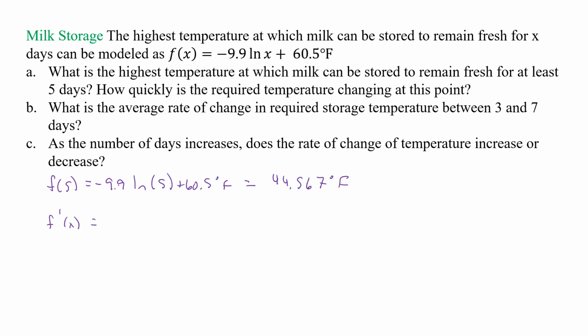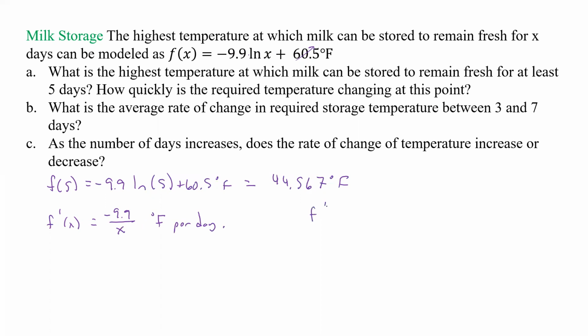Okay, well, if I look at this, that's a number, so that's a constant, so that's going to go to 0. Then I'm just taking the ln of x. Well, the derivative of ln of x is 1 over x, so that's really just going to be negative 9.9 over x for my derivative, and that's all it is. And that's going to be degrees Fahrenheit per day.